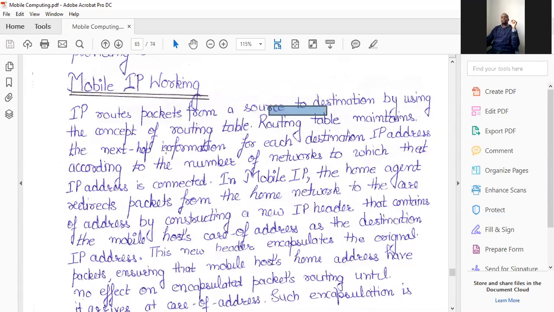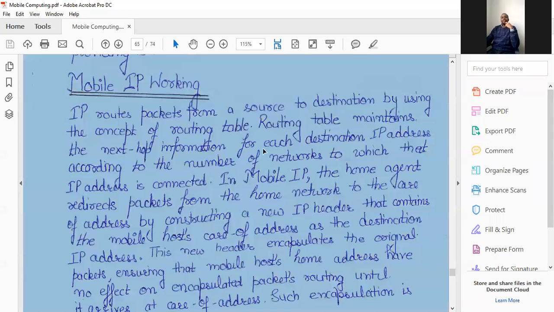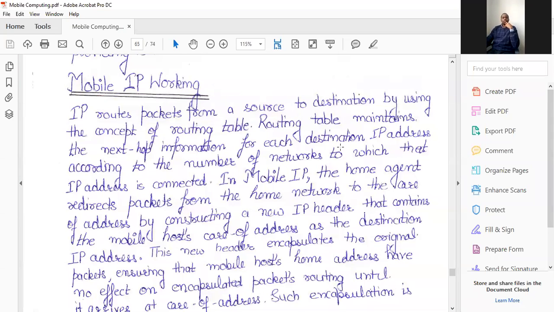So that routing table contains not the names, but the IP addresses of the devices, and also the paths of communication they frequently use.